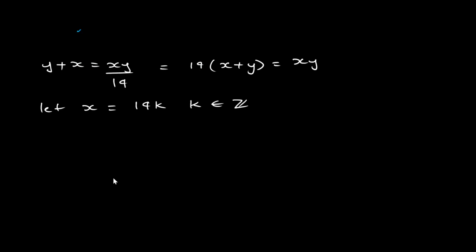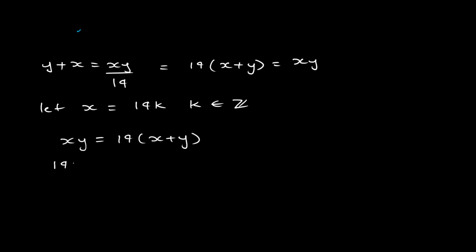So let's rewrite our equation. From now on, we would have x plus y, and let's substitute x equal to 19k in our equation.